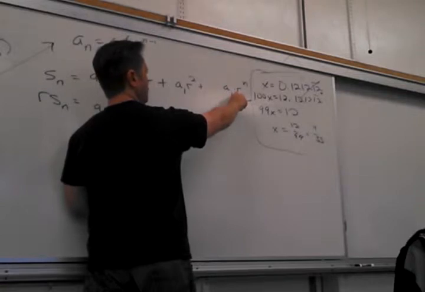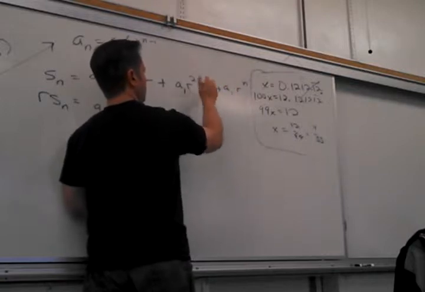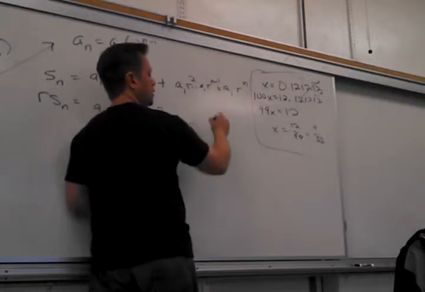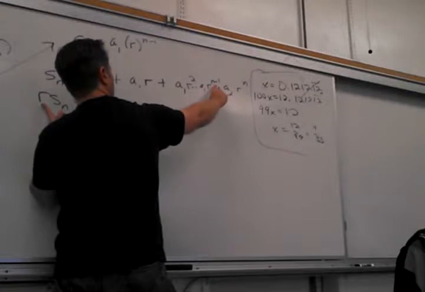What's right before this? A1 times r to the n minus 1. Cool. So when I multiply that by r, what do I get?